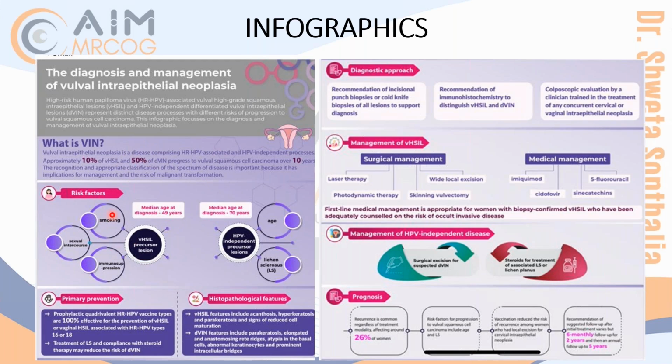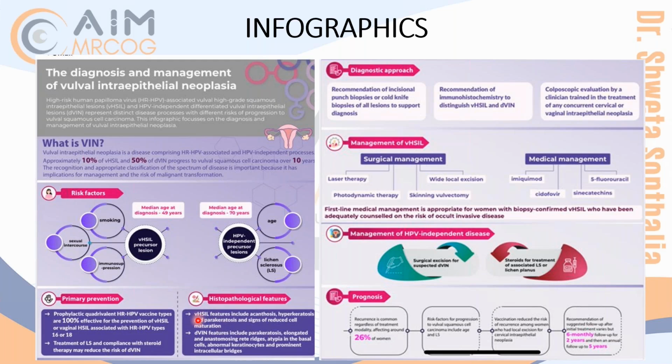Risk factors, a quick revision. For VHSIL: smoking, sexual intercourse, and immunosuppression, and the median age is earlier than DVIN, so it's 49 years. For HPV independent: age and lichen sclerosus. Again, the median age is higher here, approximately 70 years. Primary prevention is by vaccine in cases of VHSIL, and treatment of lichen sclerosus and compliance with steroid in cases of DVIN.